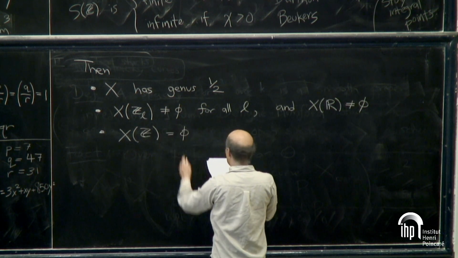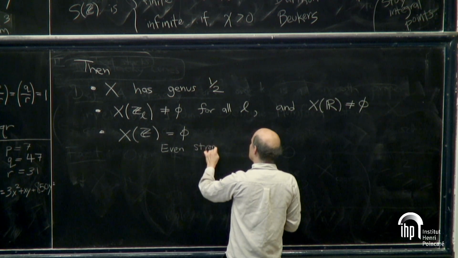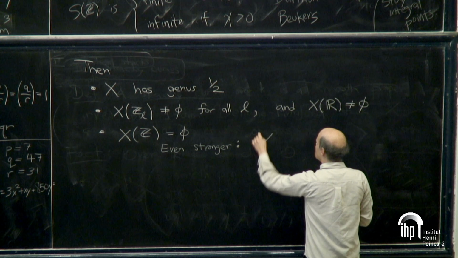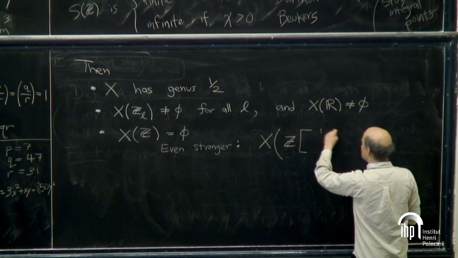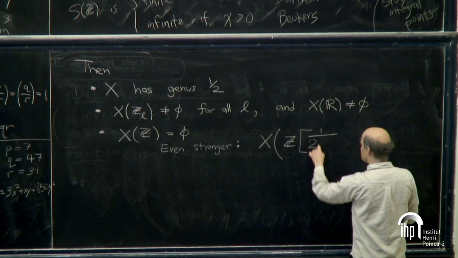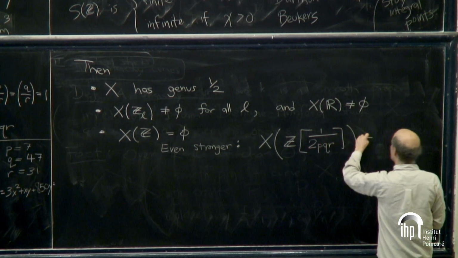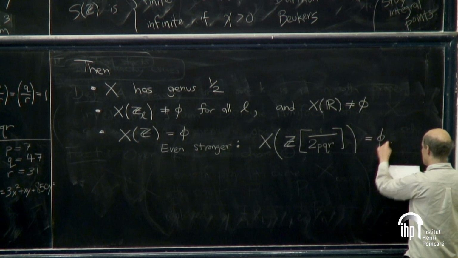And even stronger, not only does it fail to have integer points, but it also fails to have integer points if you invert all the primes that you might think would be bad. So it still has no points over this ring.